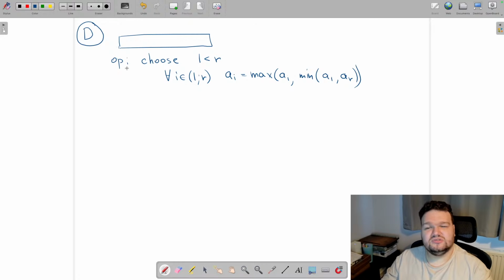We can do such operations as many times as we want, and we want to maximize the sum of all the numbers in the end.